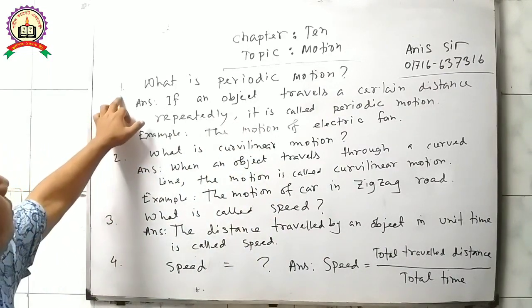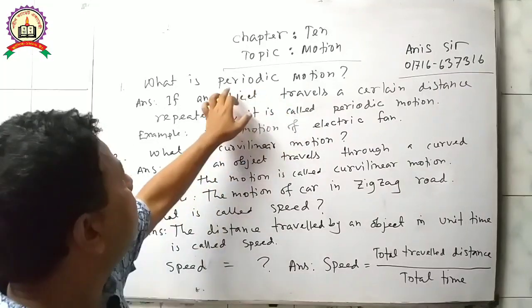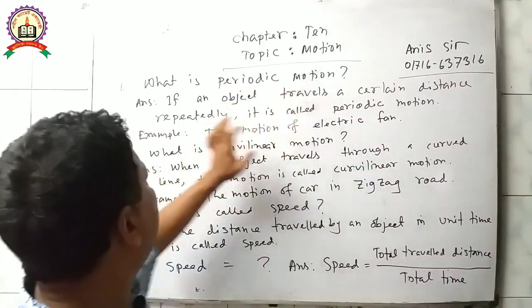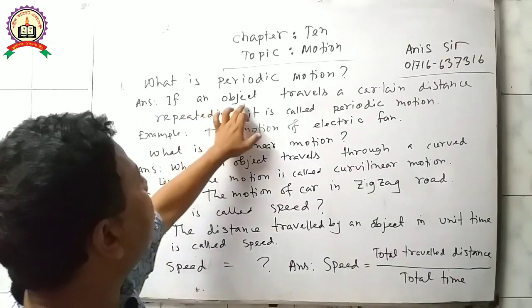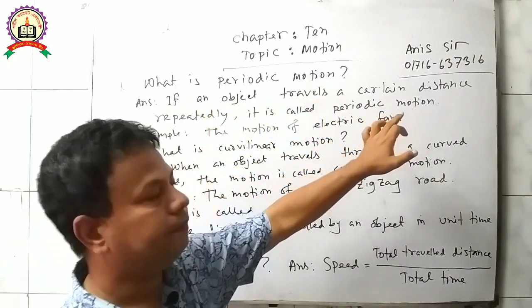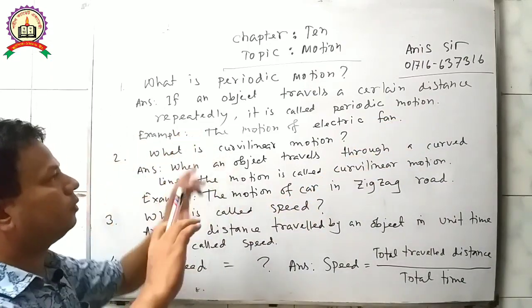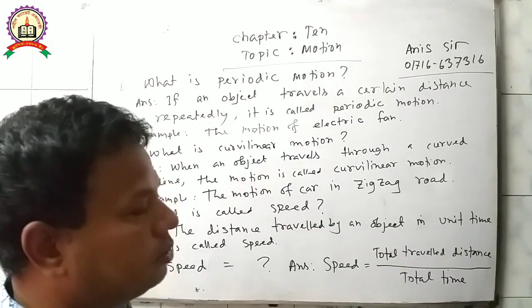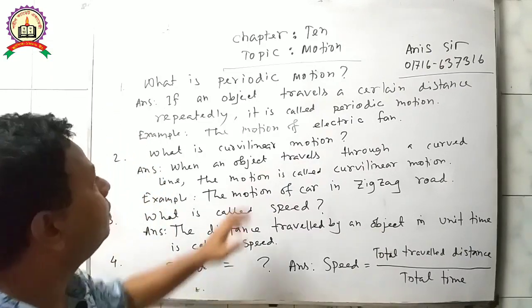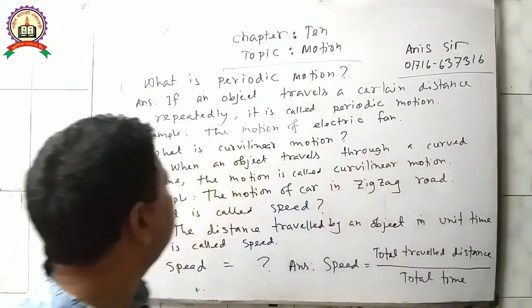Question number 1. What is periodic motion? Answer: If an object travels a certain distance repeatedly, it is called periodic motion.